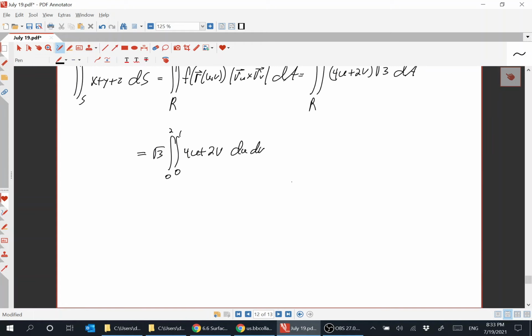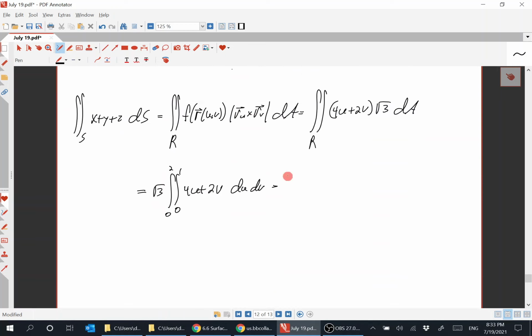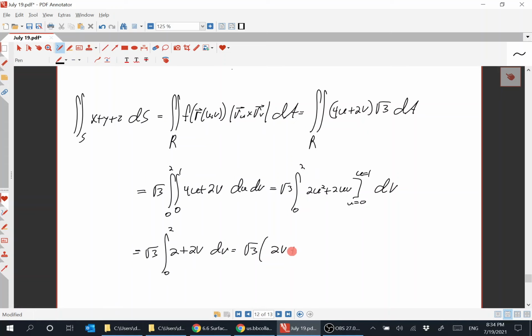The antiderivative with regard to u is 2u squared plus 2uv, u equals 0 to u equals 1, dv. So that's the square root of 3 times the integral from 0 to 2 of 2 plus 2v dv. So that's square root of 3 times 2v plus v squared, v equals 0 to v equals 2.